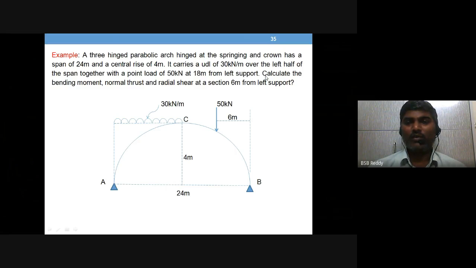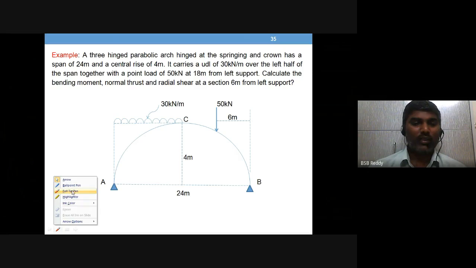What you have to calculate from this arch: calculate the bending moment, normal thrust, radial shear at a section 6 meters from left support, which means 6 meters, in the sense this comes to 12 meters, half of the span. Total span is 24 meters. So half of the span is 12 meters, the midpoint of it.